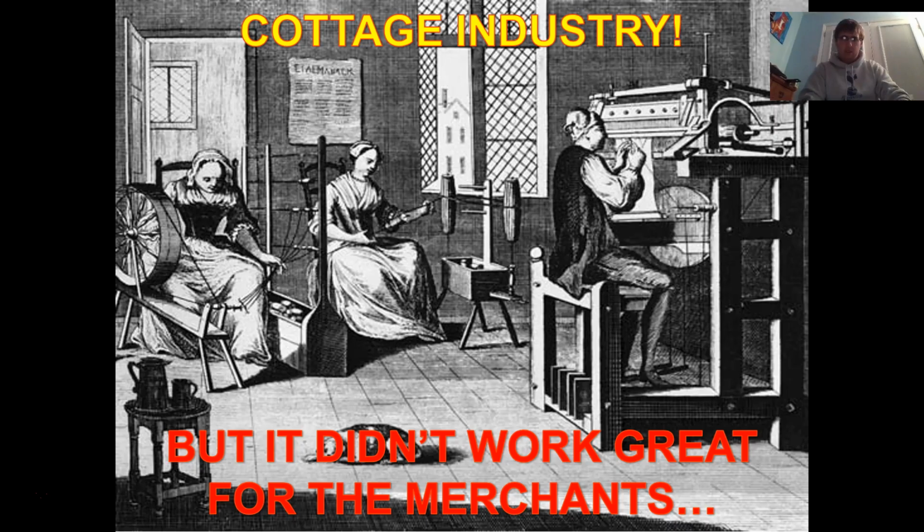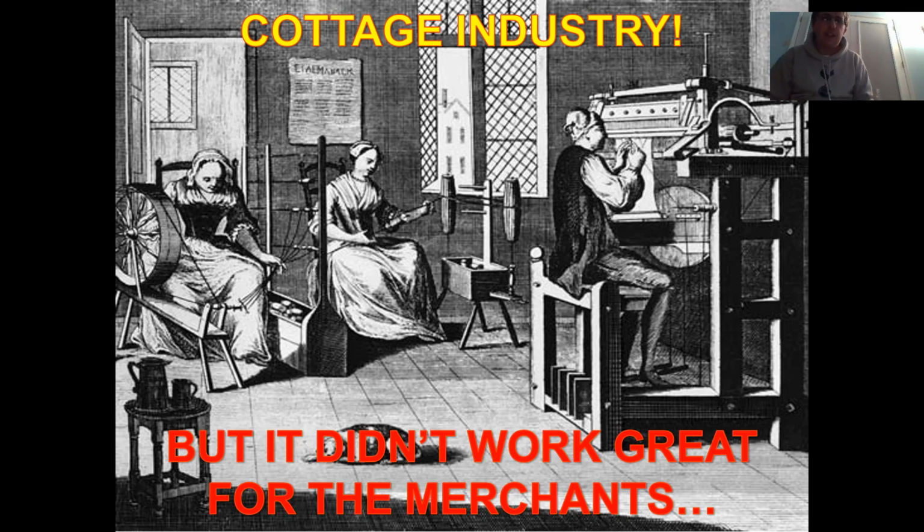And that brings us to the cottage industry, right? So in the cottage industry, the merchants come in, they bring a raw material, and the peasants create the good inside of their house. In many cases that product would be textiles or some sort of clothing. And the merchants would bring tools like power looms and water looms and spinning jennies.